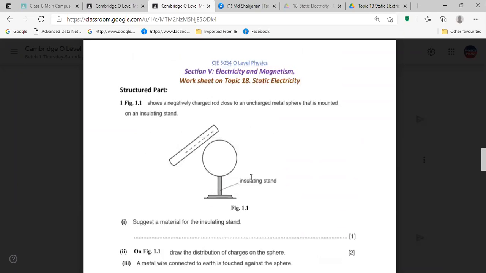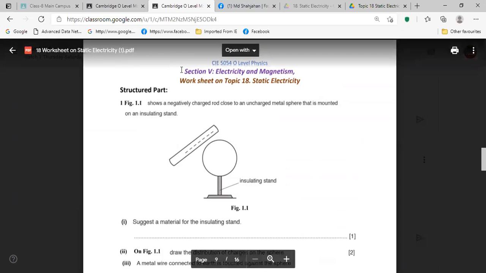One side of the sphere will be neutral. So you had it here like this, right? Yes, sir. So now it is earth. Then what will happen?